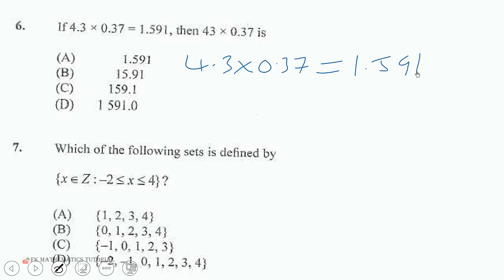Which of the following sets is defined by X belonging to the set of integers, from negative 4 to positive 4 inclusive? Z is the set of integers.